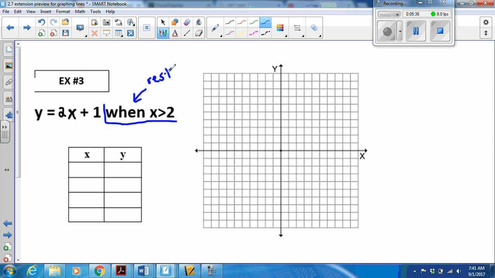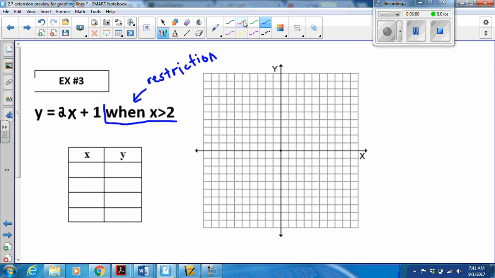When it says x is greater than 2, it's saying that we are restricting our line only to the x values of 2 and greater. So we're not going to draw a nice straight line. We're going to start from one point and draw a line in one direction. Basically, we are creating what is called a ray. Remember that from geometry? So here, when x is greater than 2.